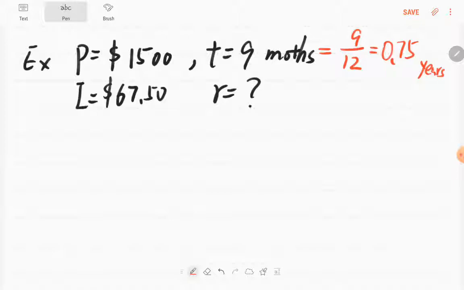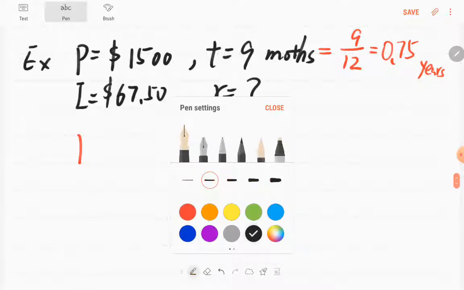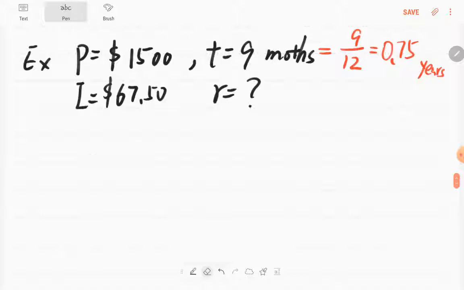Now let's look at the formula. The formula says I is equal to P times R times T. Now I is given, P is given, and T is given.